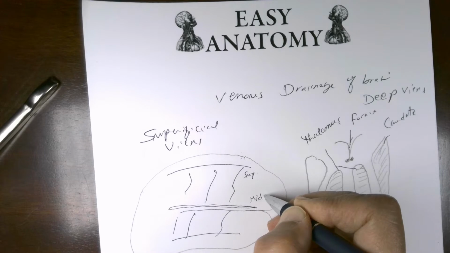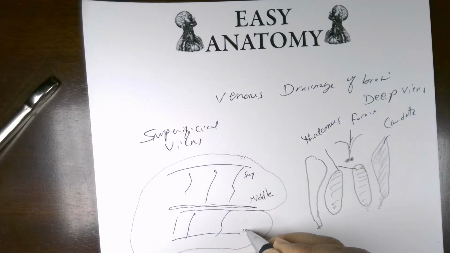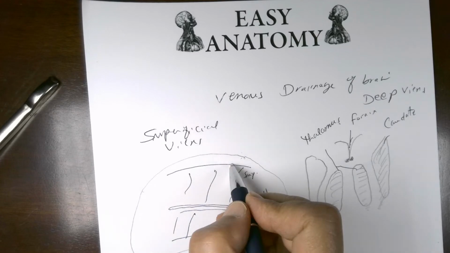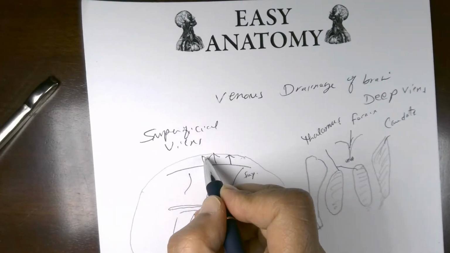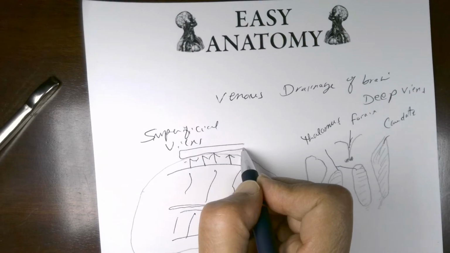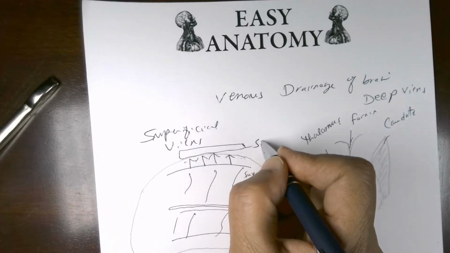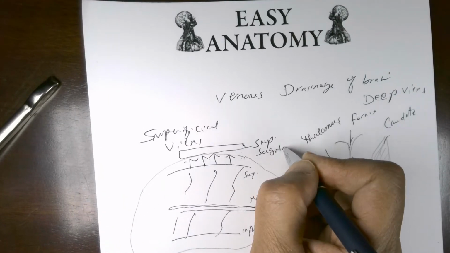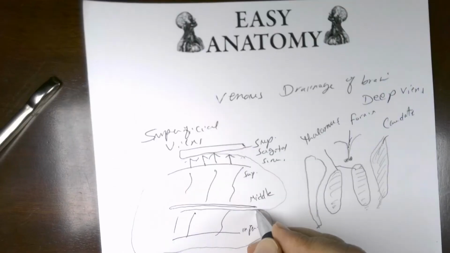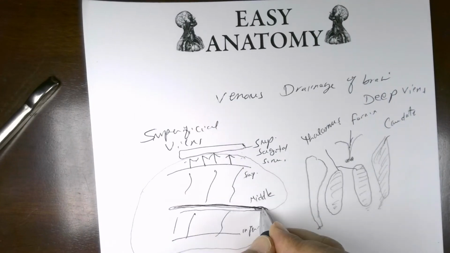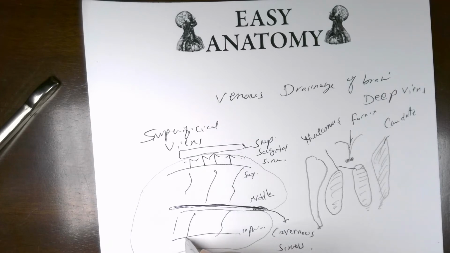The superior usually communicates and ends up in the superior sagittal sinus. So here, superior sagittal sinus. The middle usually is going to drain into the cavernous sinus. The inferior is communicating with the transverse sinus.